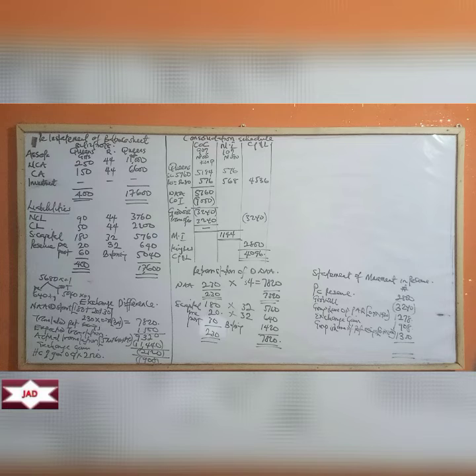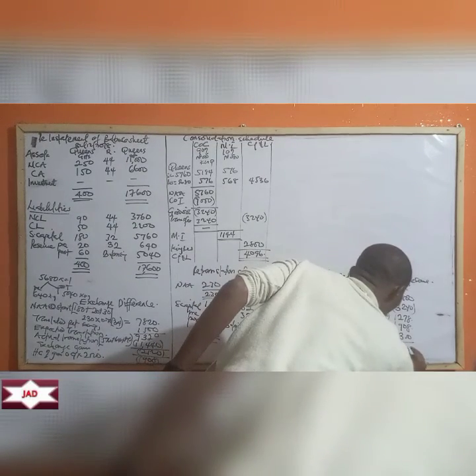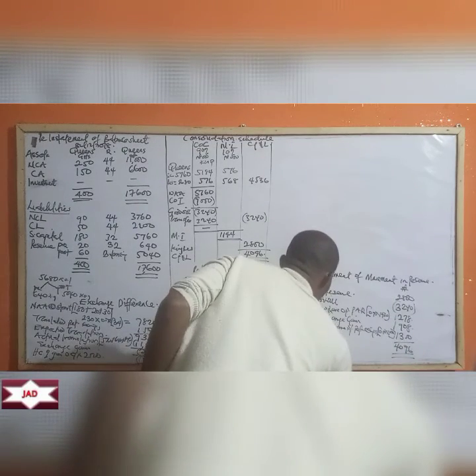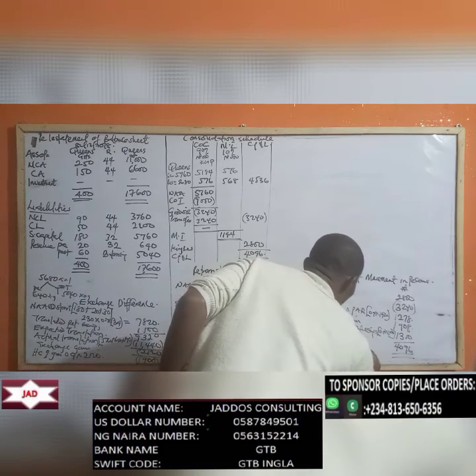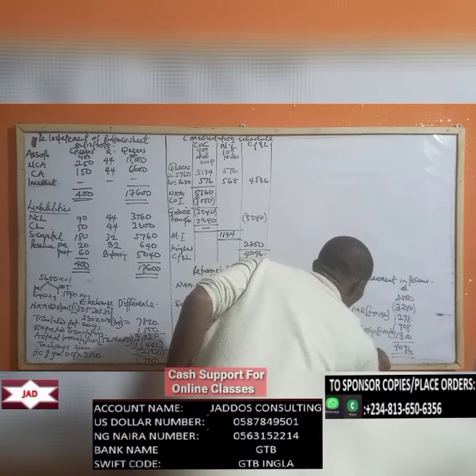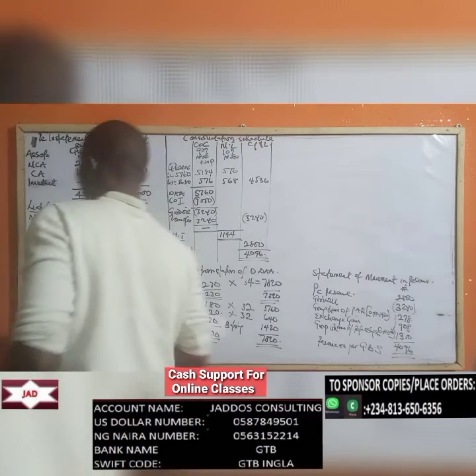So make sure you know what you're doing. 4,096. So this is the reserve as per group balance sheet, or consolidated balance sheet. If you look at this place, it should tally.